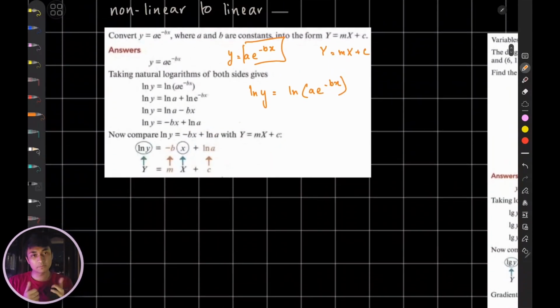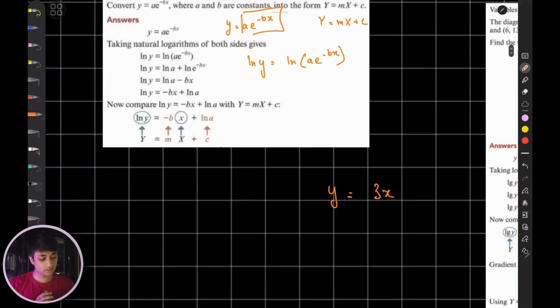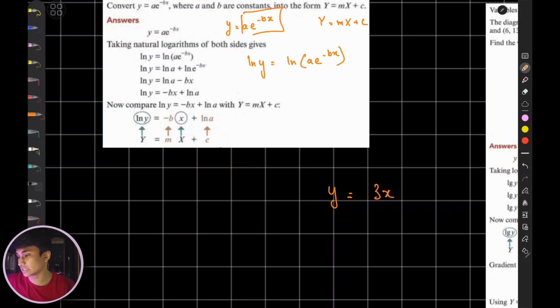Now, one thing to remember is a basic thing. Whenever you're manipulating any sort of equation, let's say you have y equals 3x and you want to divide by 3. Not that it's going to help you, but let's say you want to. You have to do that on either side of the equation.